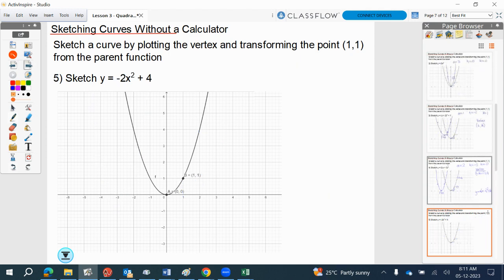Okay, what are the values of a, h, and k? Write them down.